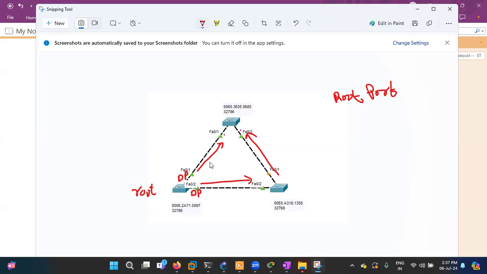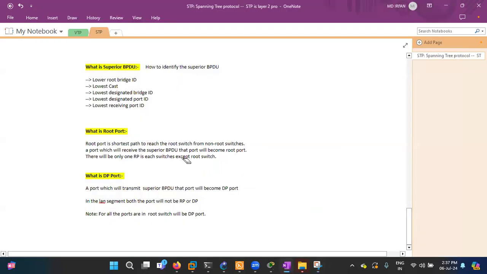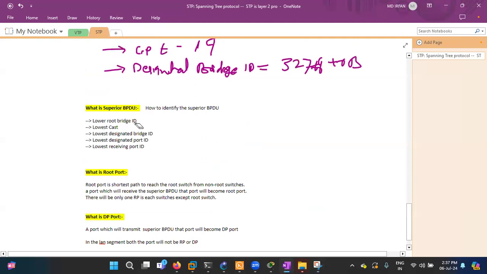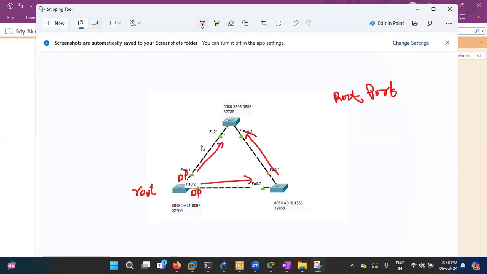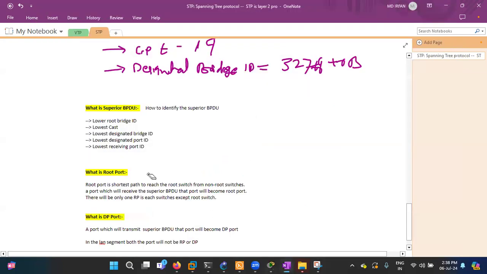Now, which port is receiving the superior BPDU, that port will become a root port, right? Now tell me, what is meant by superior? Already I explained, right? Lowest bridge ID, first. This is the bridge ID of the switch. So it is receiving the same root bridge ID, this switch as well, and this is also receiving the same. There is no tiebreaker, right?